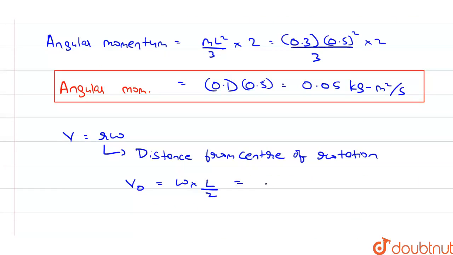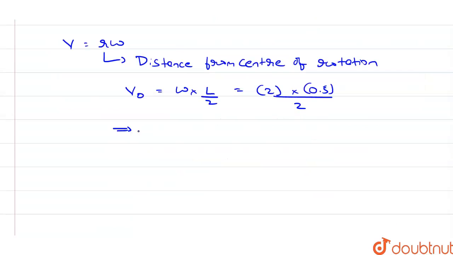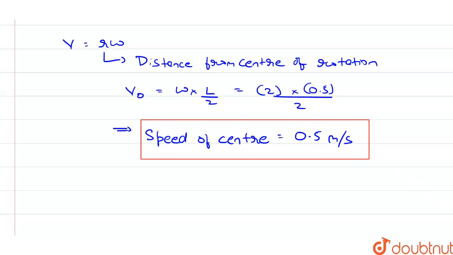So putting the values, omega is 2 radian per second and L is 0.5 divided by 2. This implies speed of center is equal to 0.5 meter per second. This is the answer to B part.